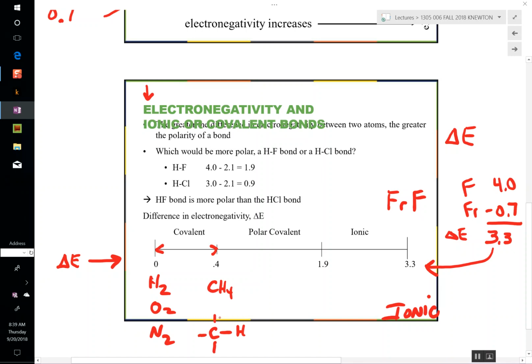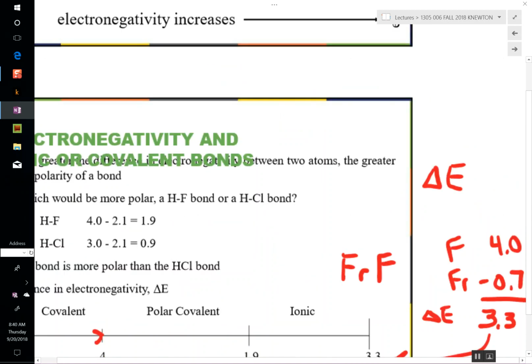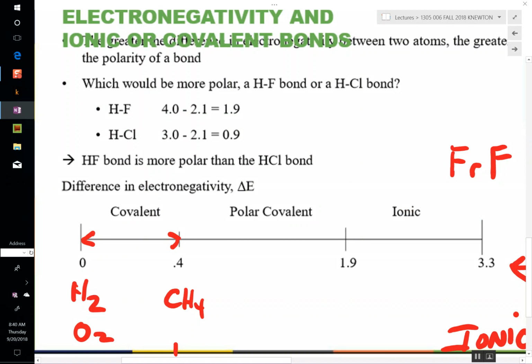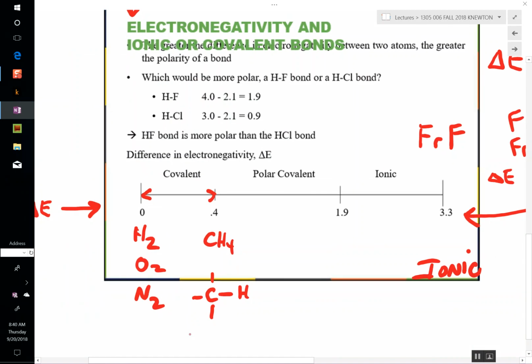Even though this is CH4, with 4 hydrogens around the carbon, for the purposes of this chart we're going to just look at one of the 4 bonds and ask, what is its delta E? So what is carbon? Carbon is 2.5.